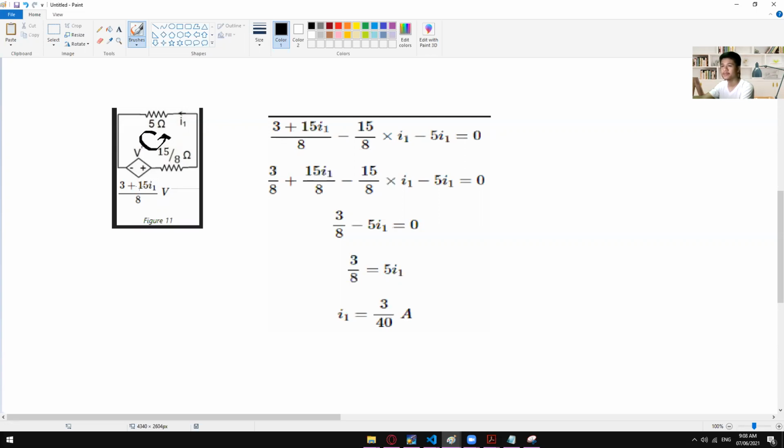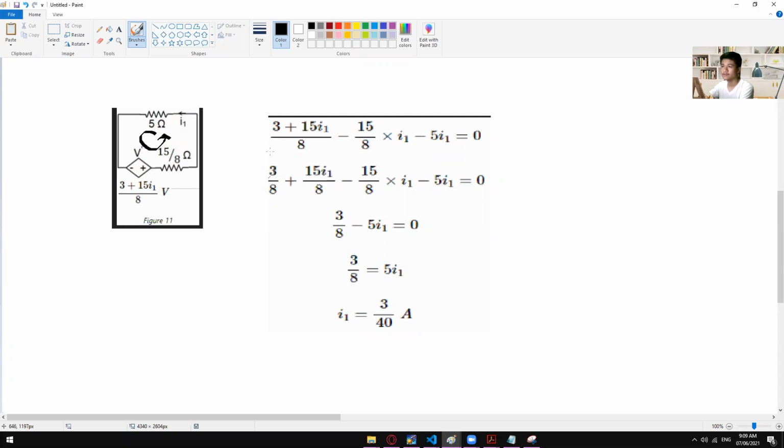Okay, so we have 3 plus 15 I sub 1 divided by 8, and then minus, since this one will give you a voltage drop, of course. So minus 15 divided by 8, and then times I sub 1, which is the current that is flowing on the entire circuit, minus, again, another voltage drop, so 5 I sub 1.